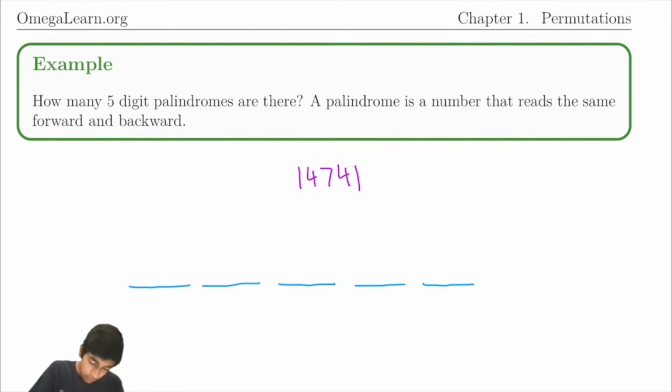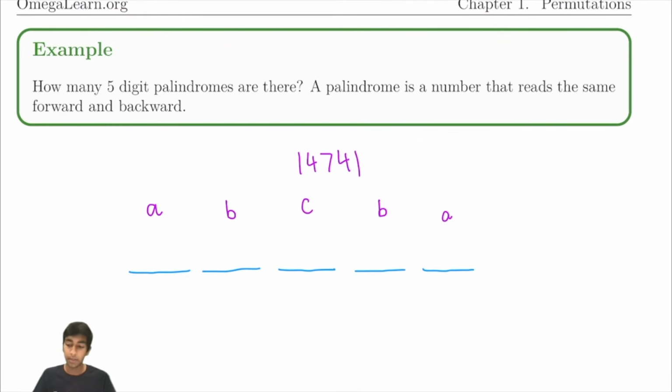So these two numbers, let's just call them A, are going to be the same. These two numbers are going to be the same, let's say B, and the middle number, let's say C, does not necessarily have to be the same as anything else. So how many choices do we have for a number like this? Well, the first digit has to be a digit.